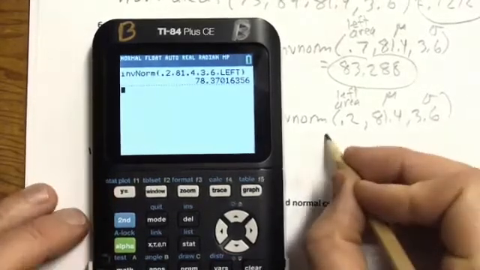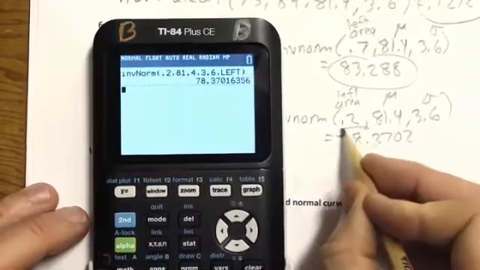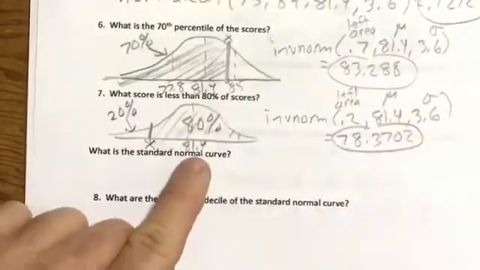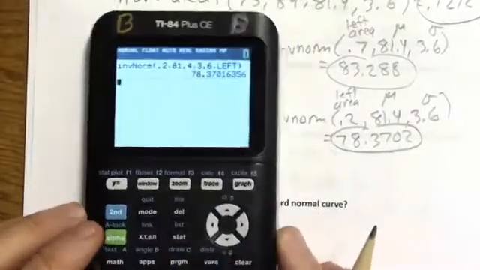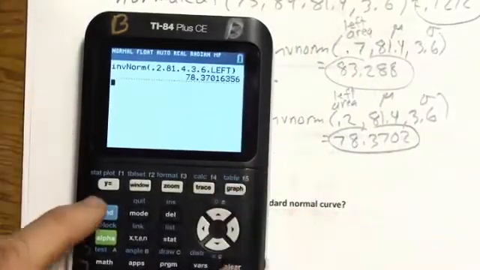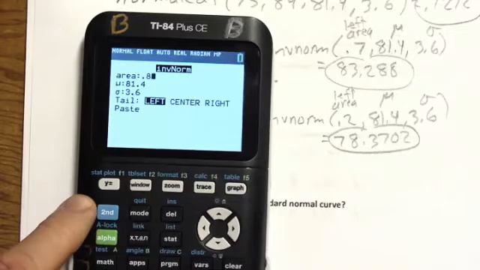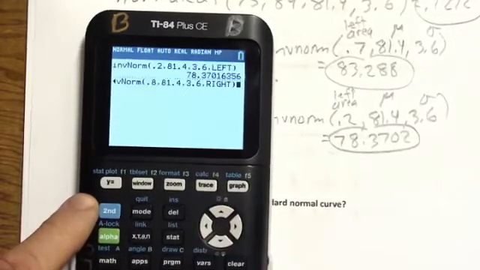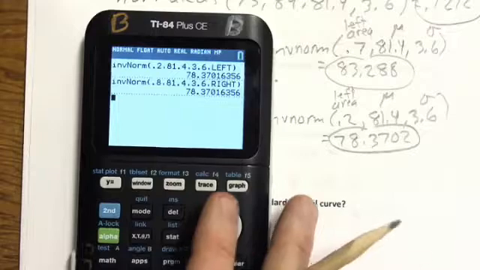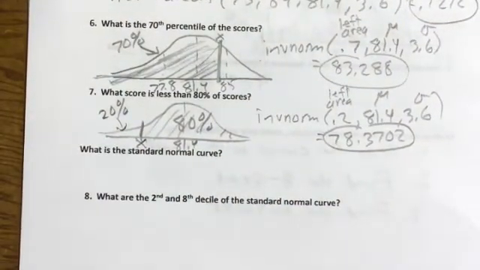So our answer is 78.3702. Let's look at that and see if that makes sense. That seems reasonable right there. And by the way, if you could do right area with my calculator here, if you go to 0.8 and go right area, you would end up with the same answer. So anyway, that's really the main part of the section.